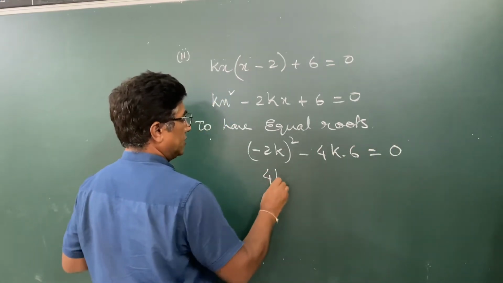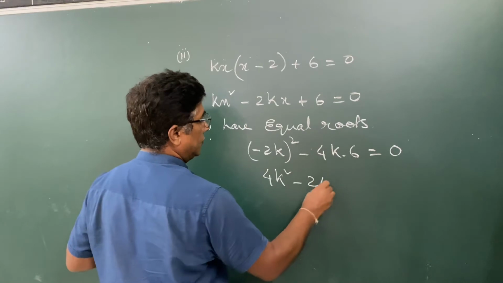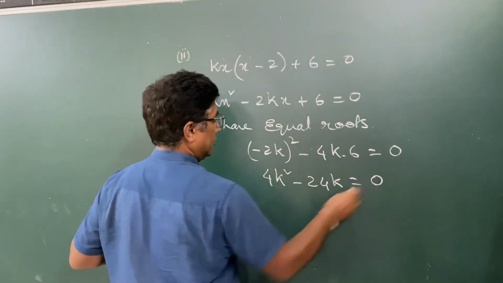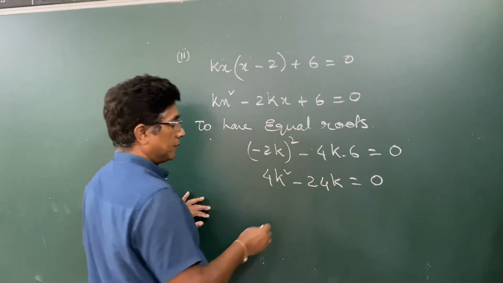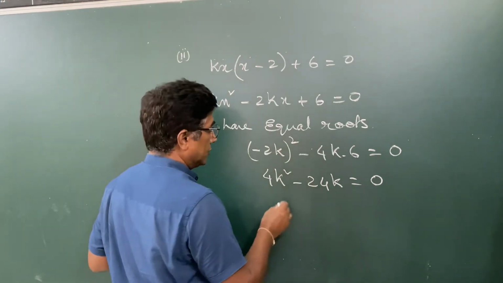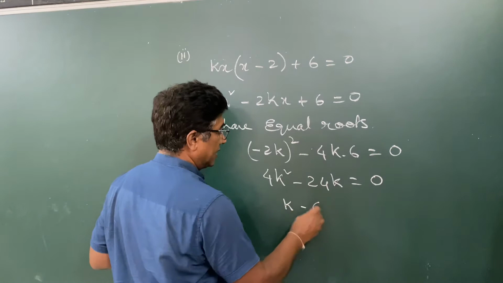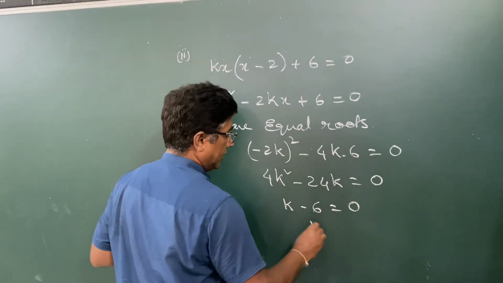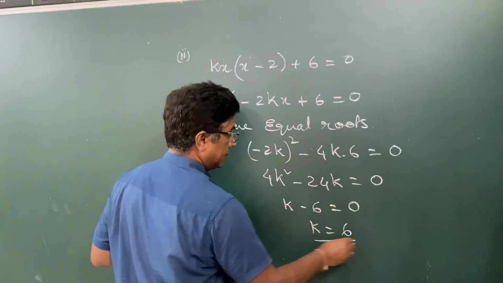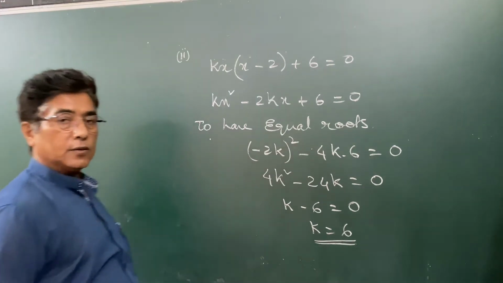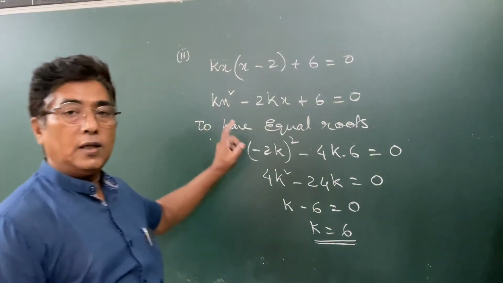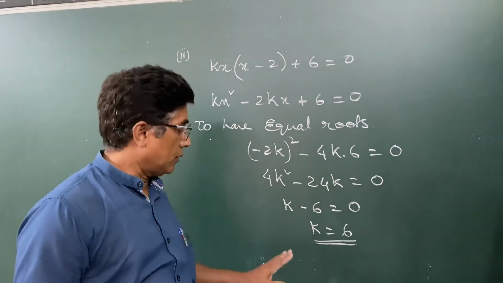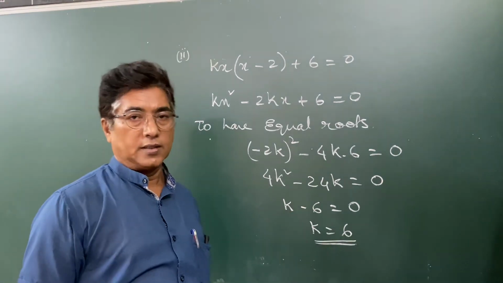So you get 4k square minus 24k is equal to 0. You can divide with 4k. So you get k minus 6 is equal to 0. So k should be 6. You get k is equal to 6, to have equal roots.